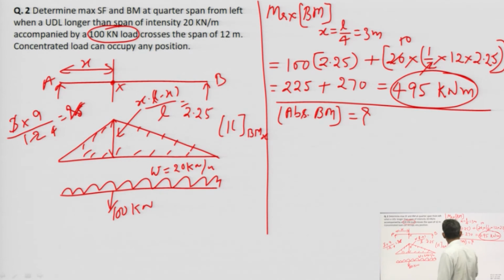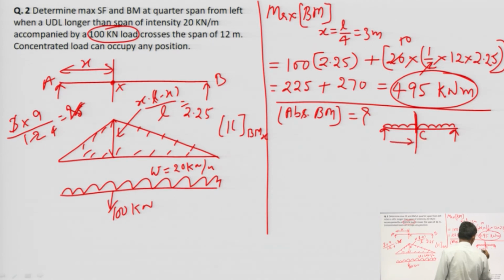So, when will this be possible? Okay, if this is the beam, and if the UDL is occupying the entire area, then at the midpoint, means at x equal to half the total length, 12 total, so 6 meter and 6 meter.